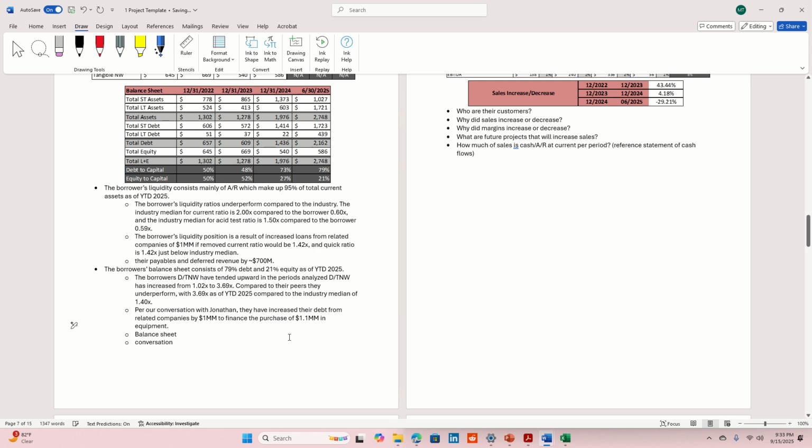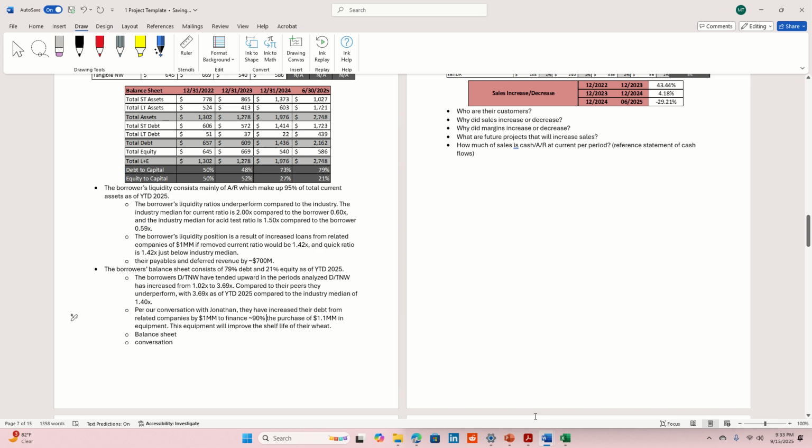Okay. This equipment will improve the shelf life of their wheat. Okay, and now they have increased their debt by $1 million to finance, let's say, 90% of the purchase.